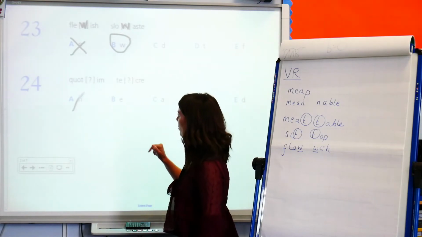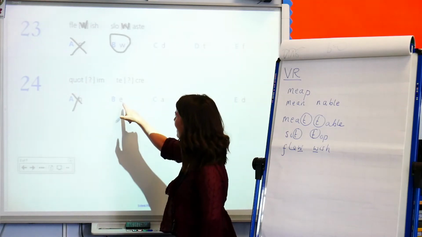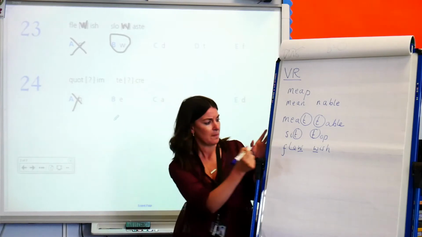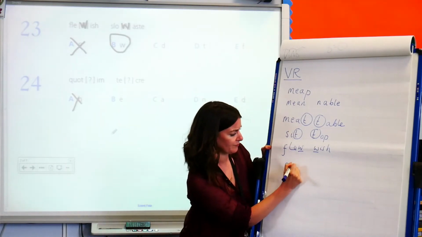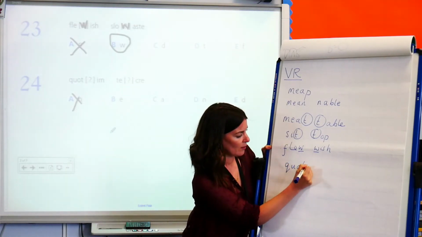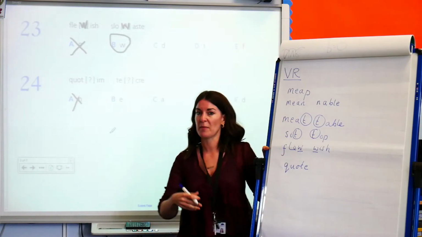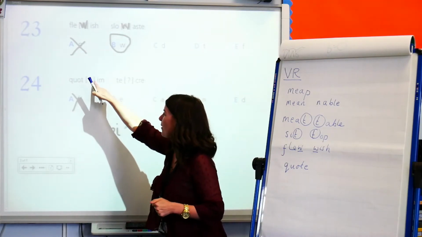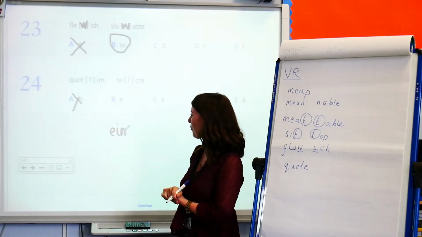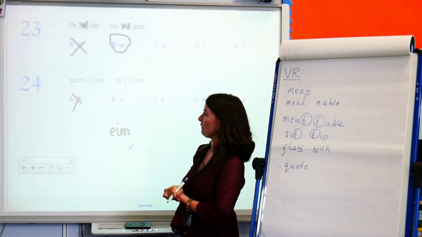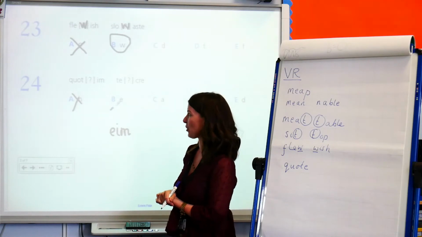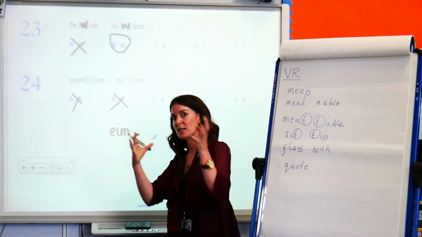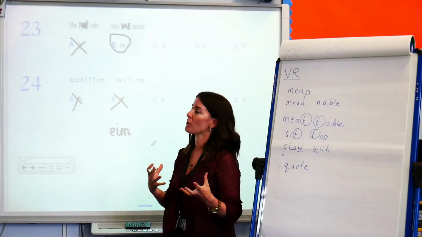Then I'm going to have a look at E. Now this is a word. The word quote. You give an amount of money for something, a quote for something. But unfortunately, if I put an E in here, I've got the word I'm, so that's not going to work. So it might work sometimes, but not for all of the letters you need.